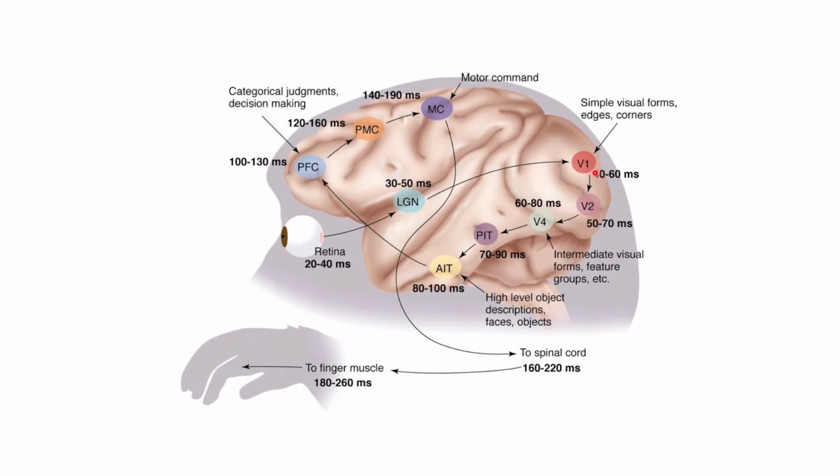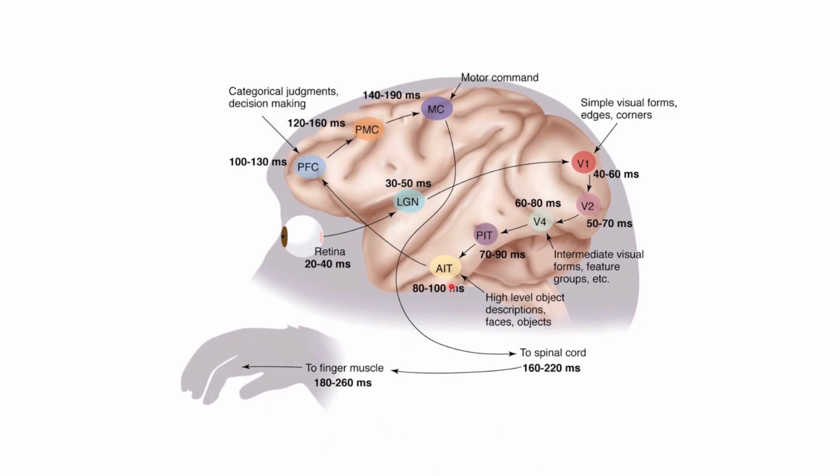By this time, 40 to 60 milliseconds have passed since the light fell on the retina. Then it goes to V2, then V4, then the inferior temporal cortex, the posterior part and then the anterior part. By now about 100 milliseconds have passed.